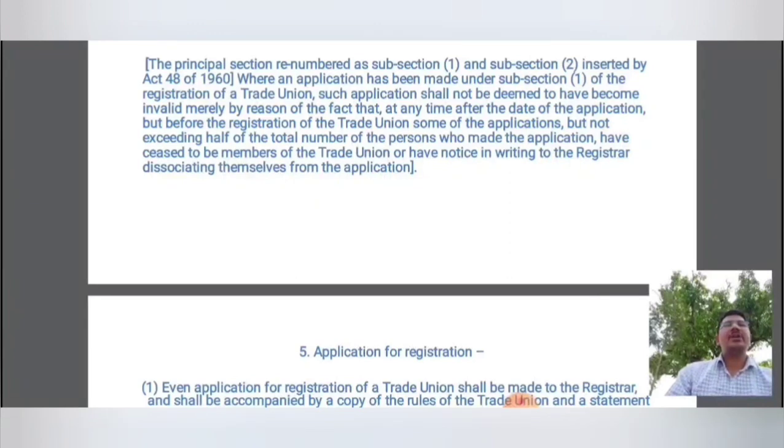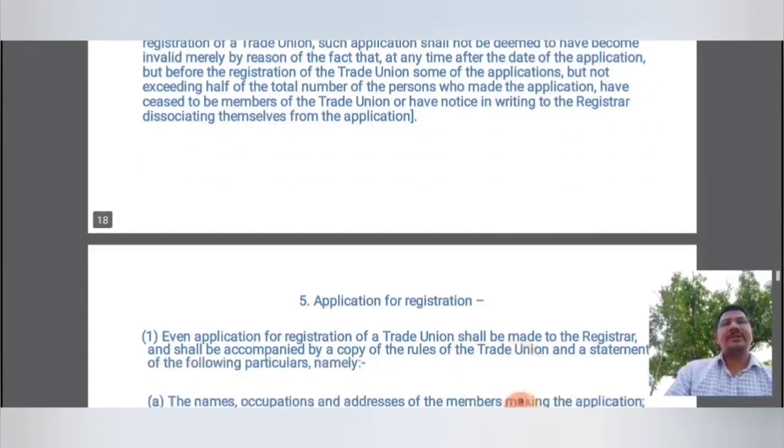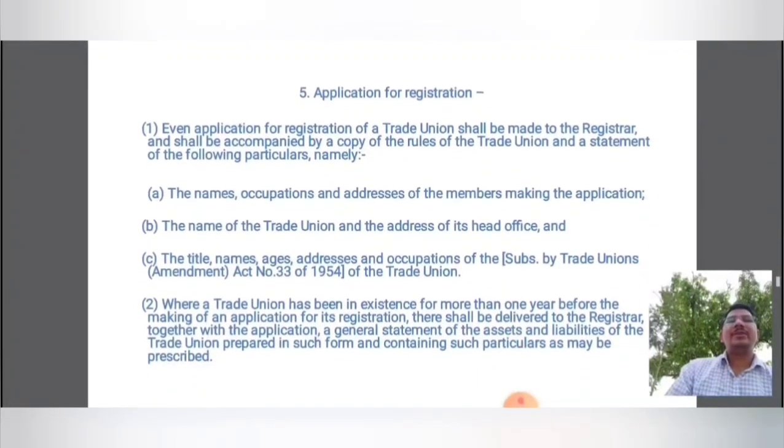Such application shall not be deemed to have become invalid merely by reason of the fact that any time after the date of application but before the registration of the trade union, some of the applicants, not exceeding half of the total number of persons who made the application, have ceased to be members of the trade union, or have given notice in writing to the registrar dissociating themselves from the application. Application in terms of registration needs to be understood and we will focus on it.